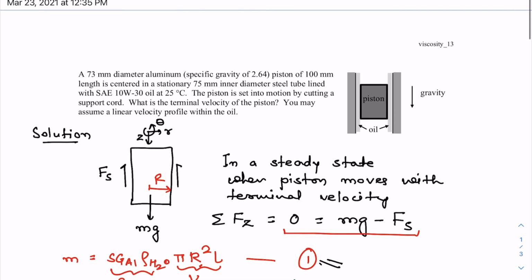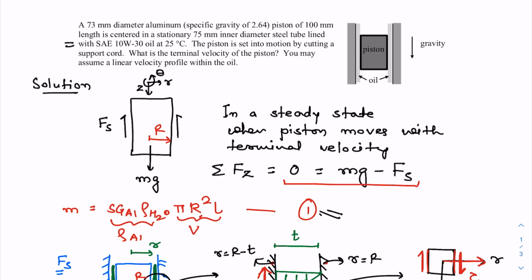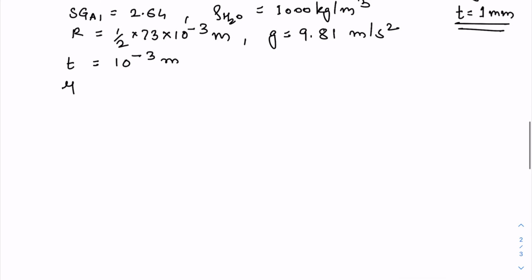For finding out the viscosity of this specific oil, you can just Google it or use any of the handbooks, and you'll find that mu for this oil is 0.13 Pascal second at 25 degrees Celsius.